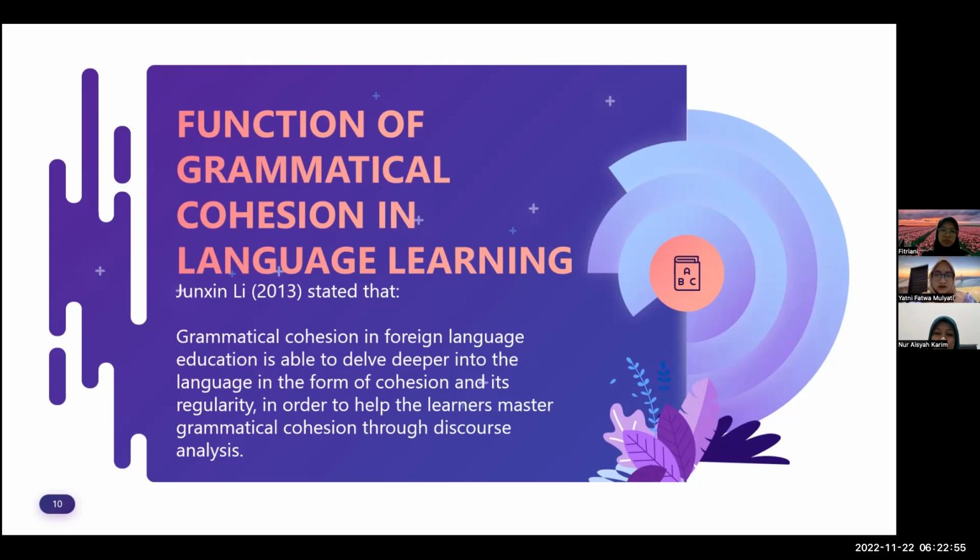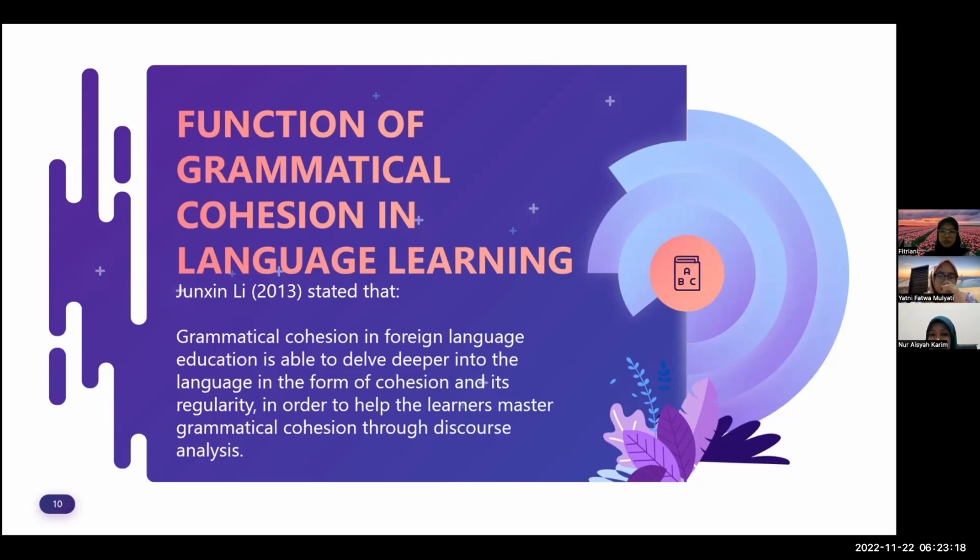Like what my friends already mentioned earlier, Halliday and Hasan 1976 mentioned that cohesion is a relation between meanings contained in a particular written text and how the reader interprets the various discourse aspects of that written text.